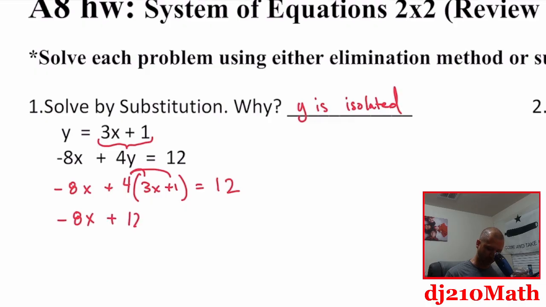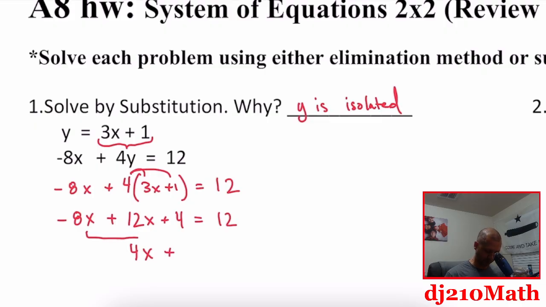4 times 3 is 12. 4 times 1. Combining like terms. Actually, we're going to combine like terms. Negative 8 plus 12 is 4x.